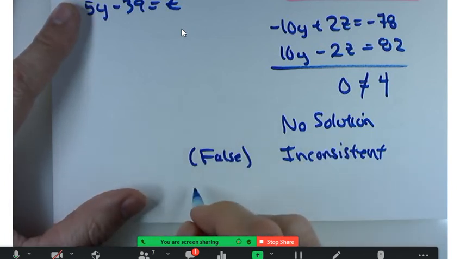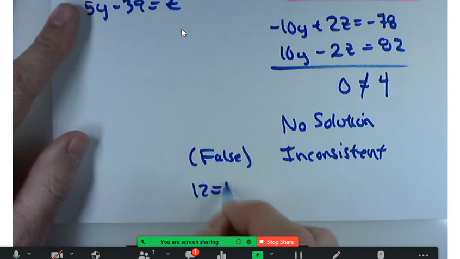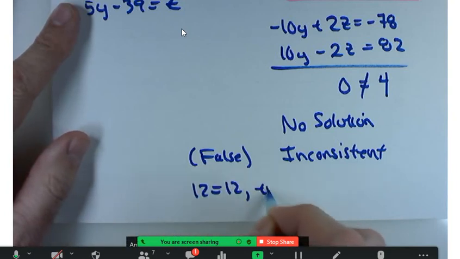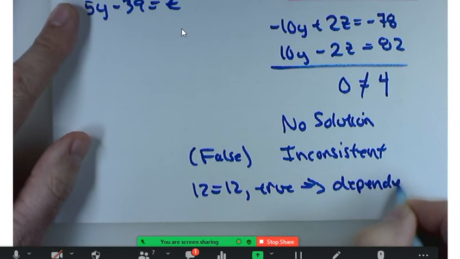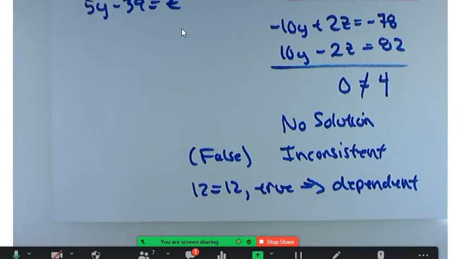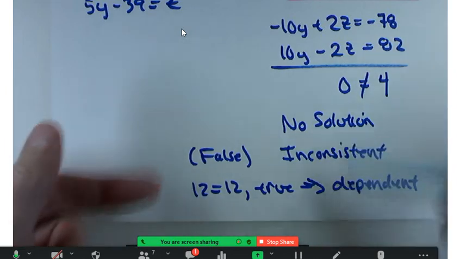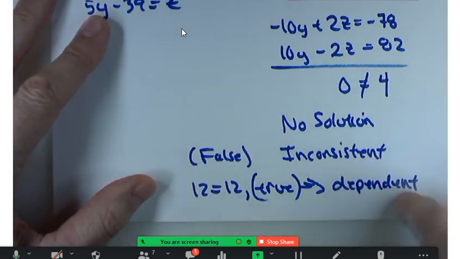If you have something like, like I said, 12 equals 12, which is true, that's telling you you've got a dependent system. So kind of depends on what happens. If all the variables drop out and one of these things happen, true or false is telling you one of these two things.